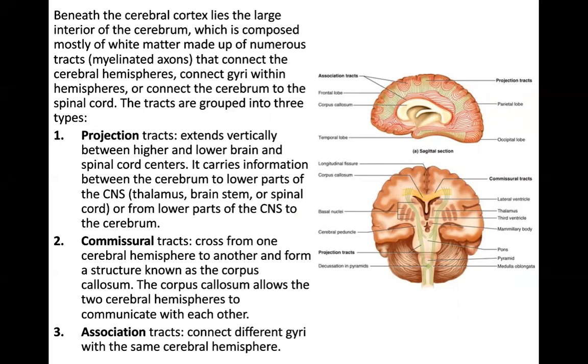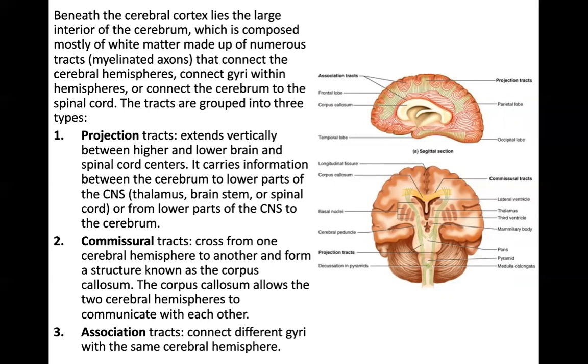So beneath that surface of cerebral cortex, we have, composed mostly of white matter, numerous tracts, which once again are myelinated axons. There's 3 types in our cerebrum specifically, whereas we only had 2 in our spinal cord, ascending and descending.